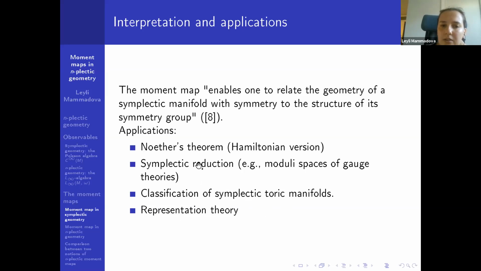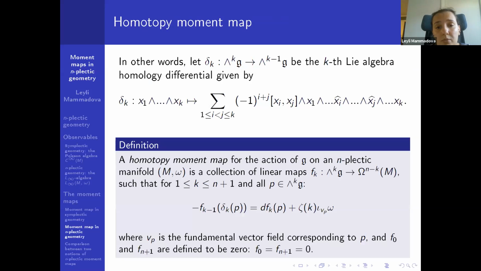So long story short, the first two generalize. The last two, I don't know. Okay. There are also other applications of homotopy moment maps. There are applications to loop spaces, but because I don't know very much about that, I didn't want to say anything wrong. But again, you can check it all in that paper where they were all defined. It will be in the bibliography.